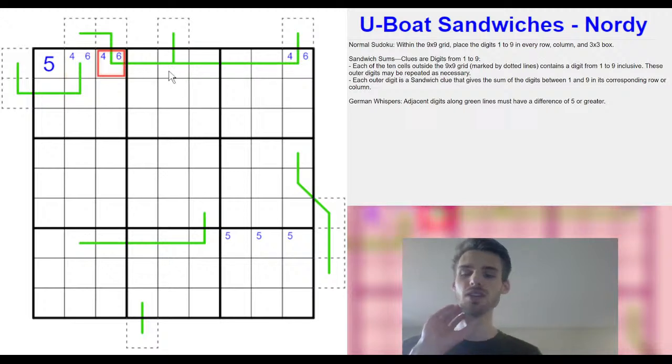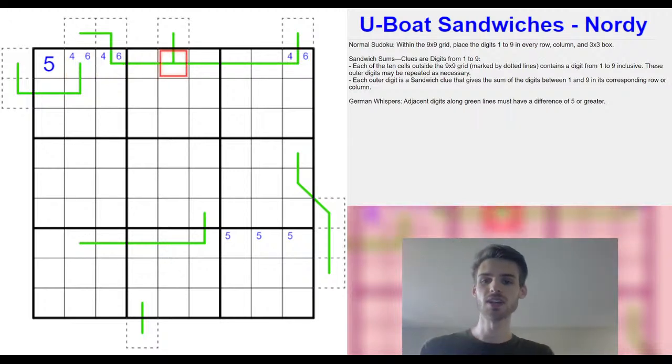The other thing to know about a German whispers line is that if you put a low digit, like a 1, 2, 3, or 4, then the next digit along the line has to be from 6, 7, 8, and 9. So there's an oscillating parity to the line, where you have something like this: low, high, low, high.